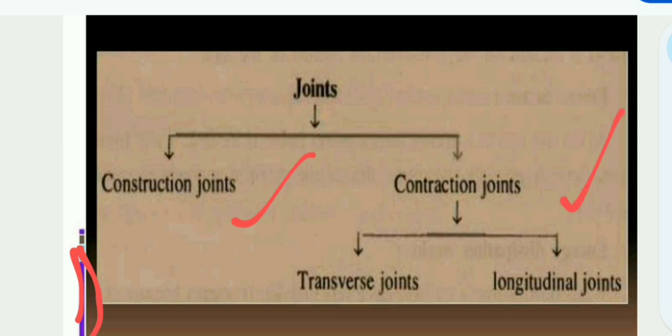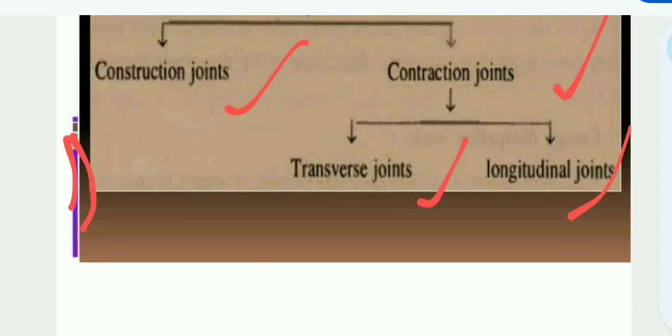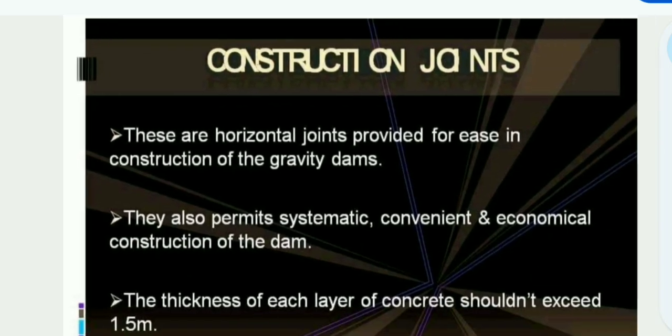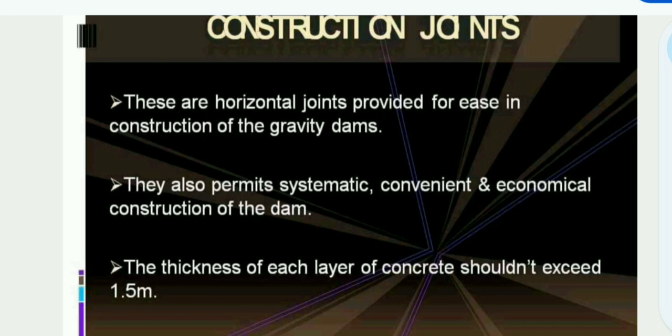Construction joint, contraction joint, transverse joint, longitudinal joint. Construction joints are horizontal joints provided for ease in construction of the gravity dam.